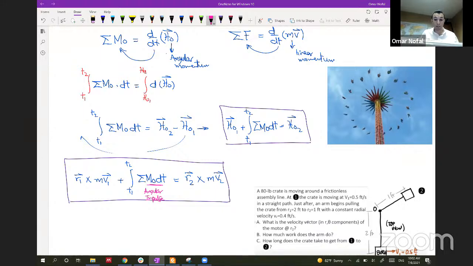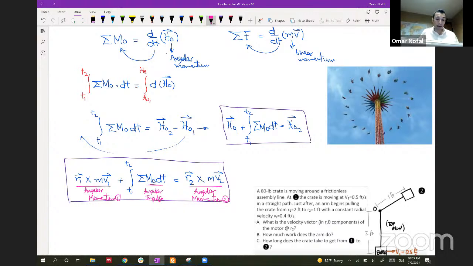But right now we have moment, so it's angular impulse. And this term is the angular momentum at 1, and this term is the angular momentum at 2.